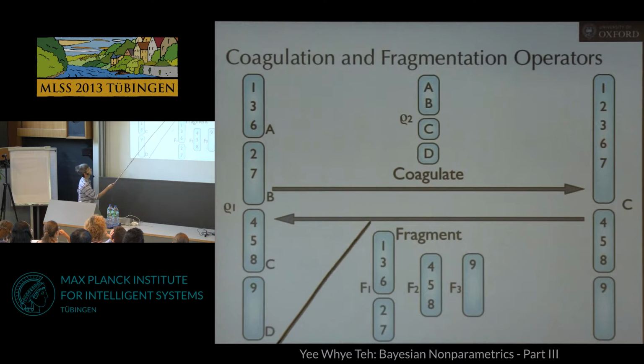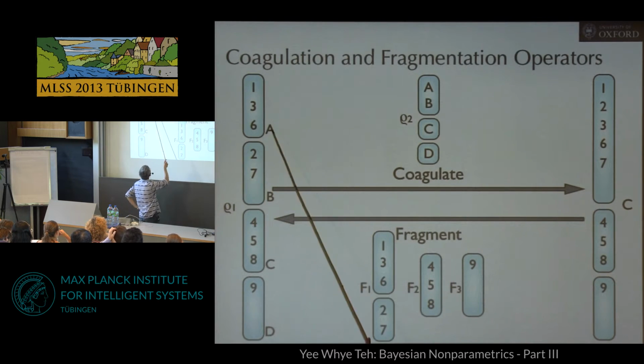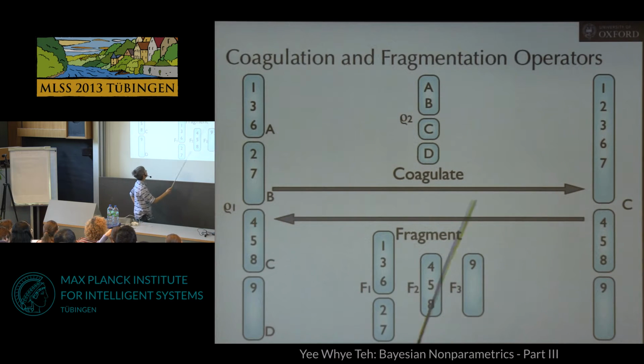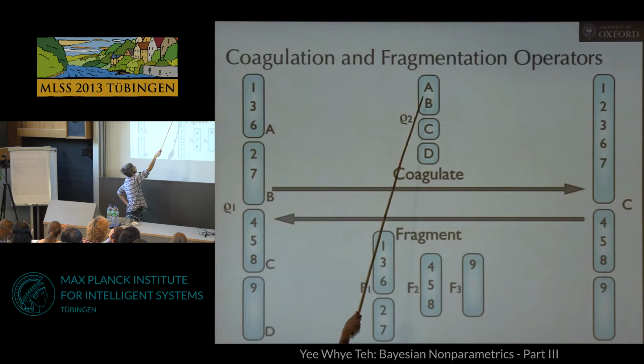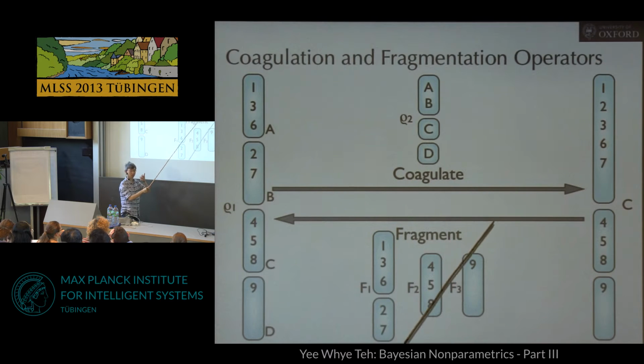For example, here, these two clusters get merged into this one. This one stays by itself, and this one stays by itself. So we can describe this coagulation as a partition where clusters A and B get put together in one cluster, and C and D are put into their own clusters.